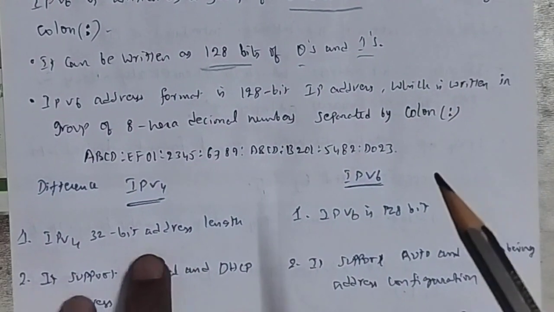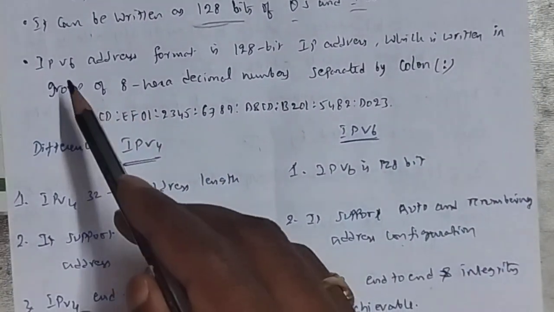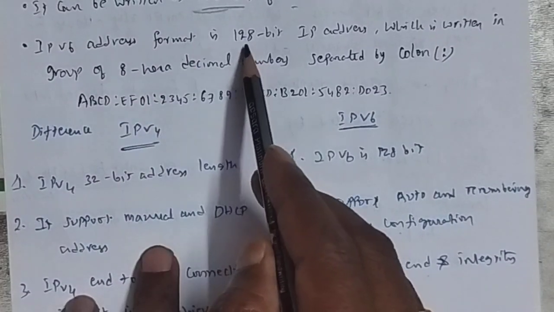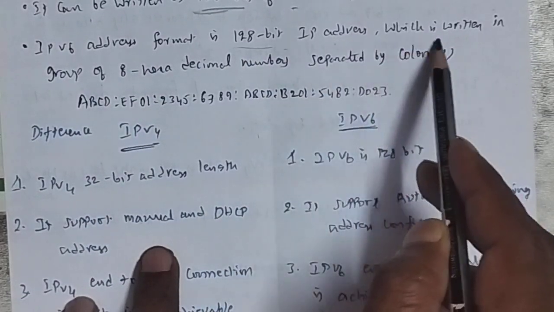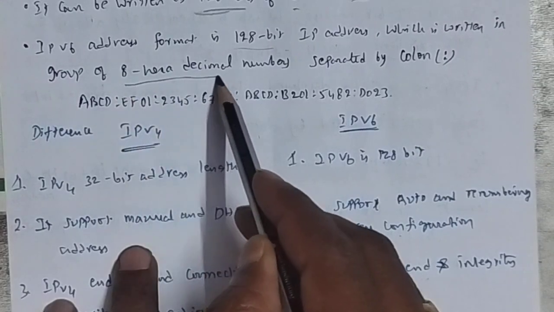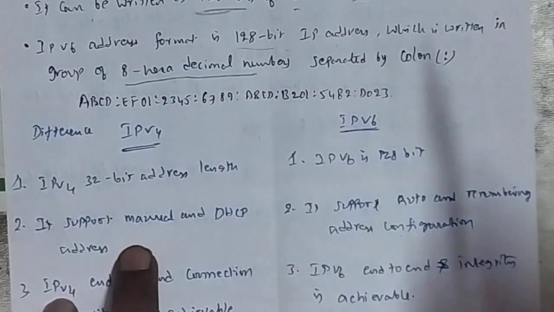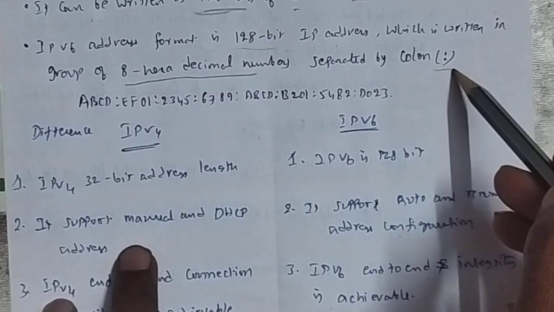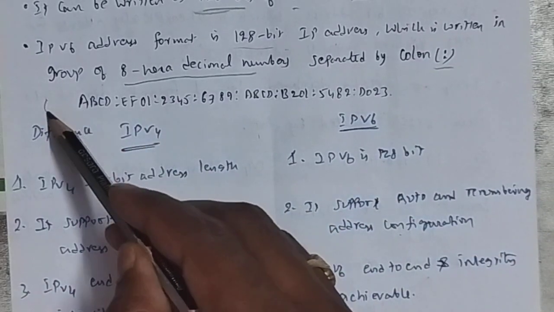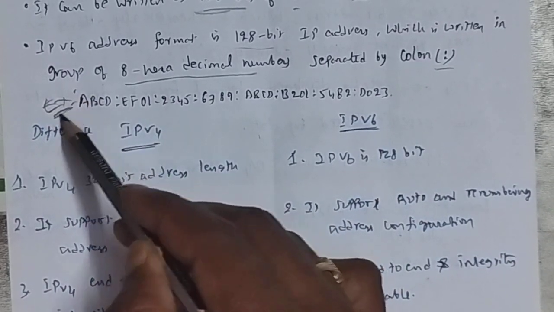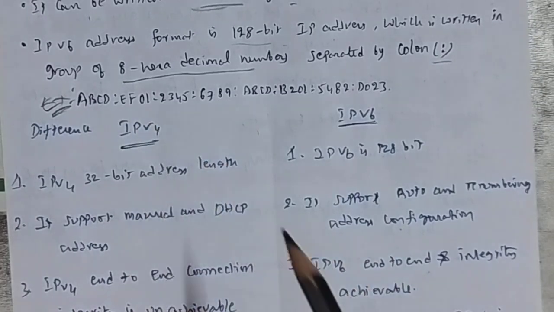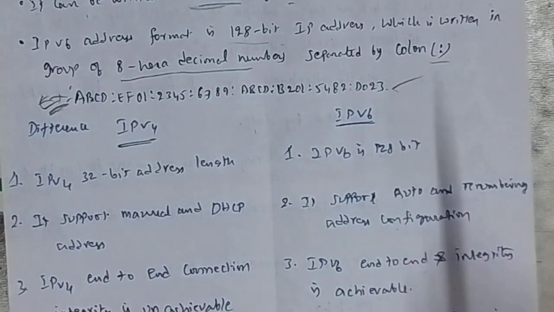Any address will contain zeros and ones only. Here the IPv6 address format is a 128-bit IP address, written as 8 hexadecimal parts, and each part is divided by a colon. This is an example: ABCD colon EF01 colon 2345 colon 678, like that. This is the IPv6 address.